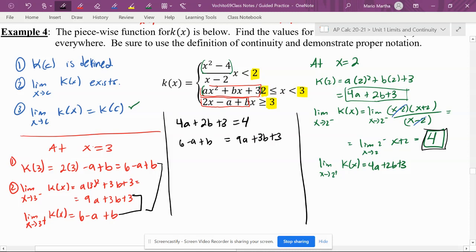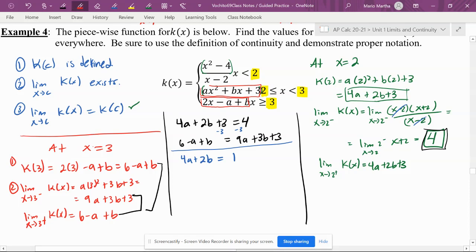All right. And now let's look to simplify this. So let's work on the first equation. That's going to be subtract 3 from both sides. We want our variables to be on the same side. So that's going to be 4a plus 2b equals positive 1. All right. And then we want to combine the second equation.